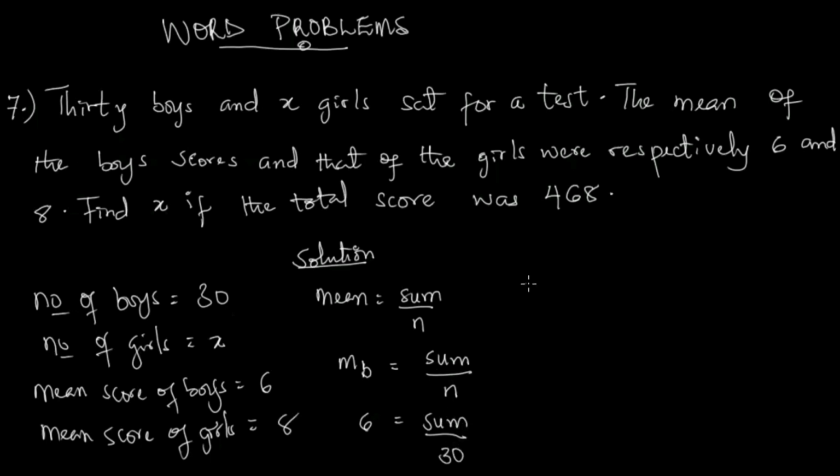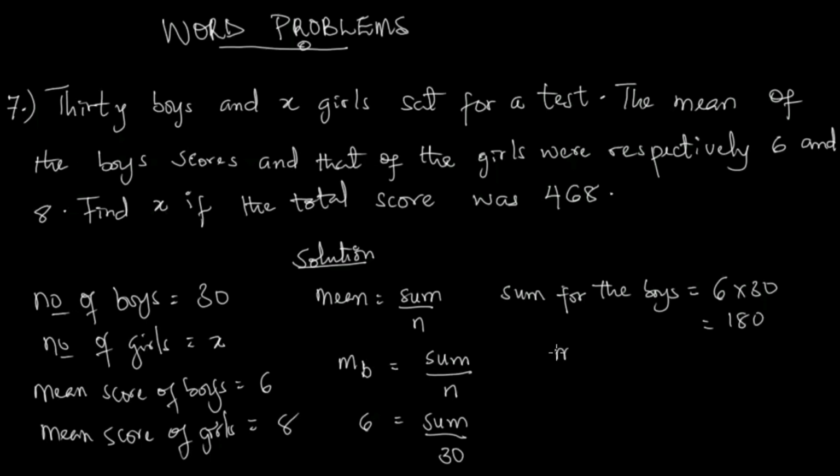So the sum of scores for the boys will be equal to 6 times 30, which is 180.